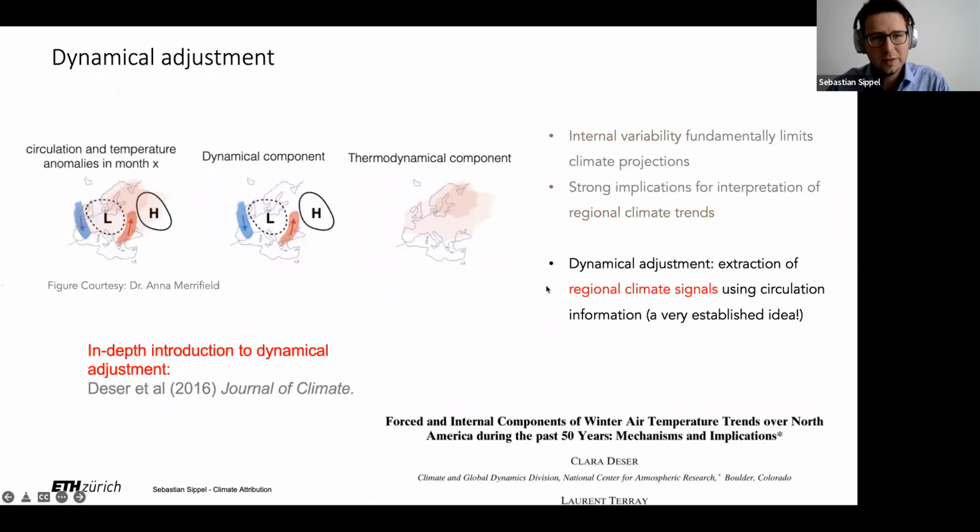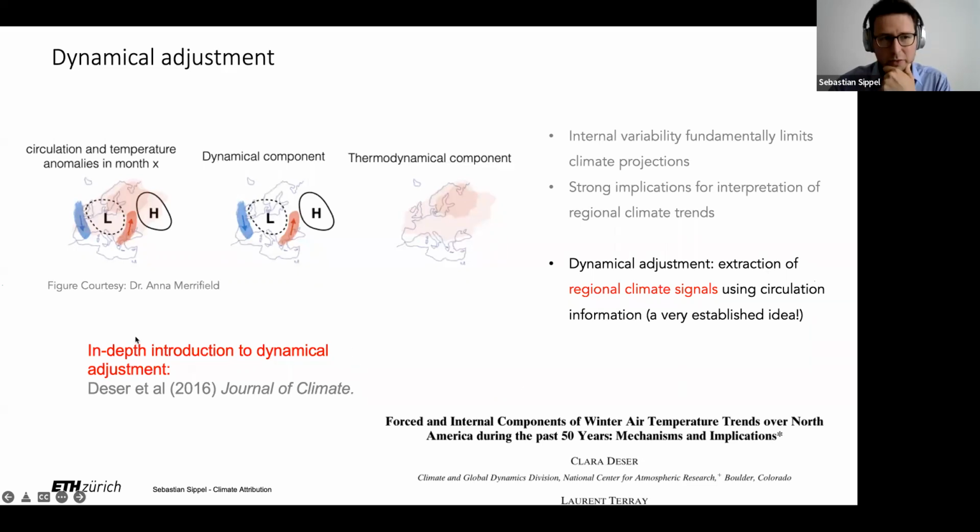And of course, one could have the idea, and this idea is in fact very old, I think it goes back at least half a century or so, to see variability as a superposition of a dynamical component, so essentially weather variations aggregated over longer times, and a thermodynamical component that may be due to thermodynamical feedbacks, but that may also be due to the forced response. The idea of dynamical adjustment is to extract regional climate signals by using circulation information.